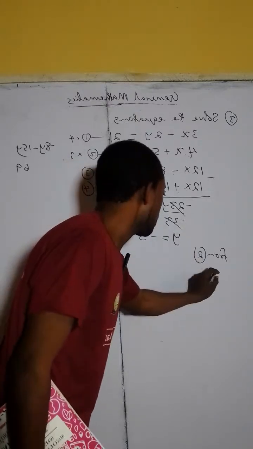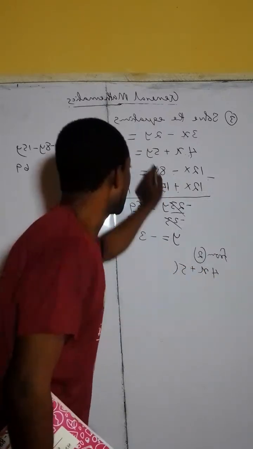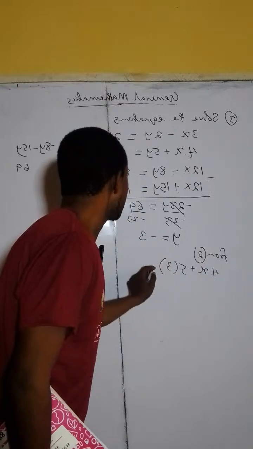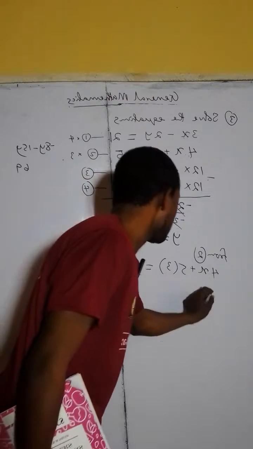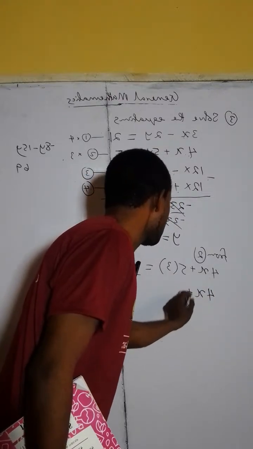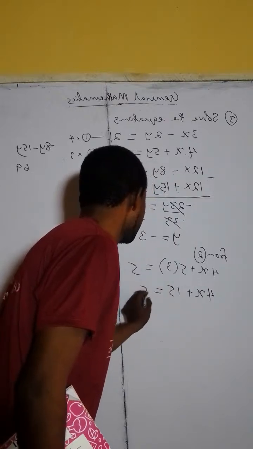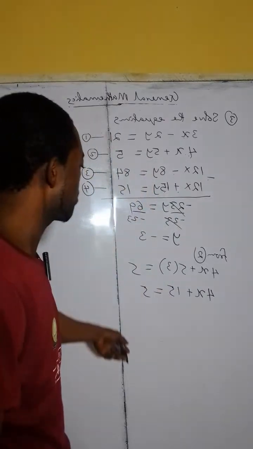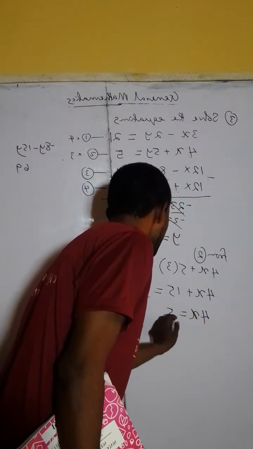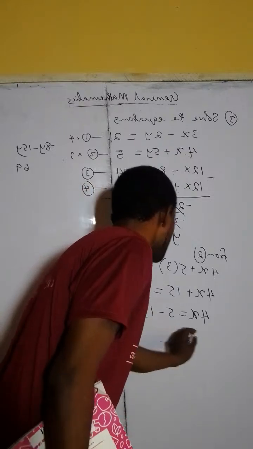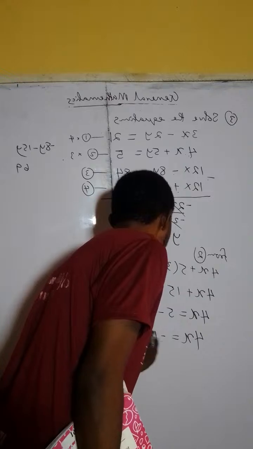So equation 2 becomes 4x plus 5 times y, which is 3 here, equals 5. That is 4x plus 5 times 3, that's 15, equals 5. Also, take 15 to this side, it becomes minus. So 4x equals 5 minus 15, which becomes 4x equals minus 10.